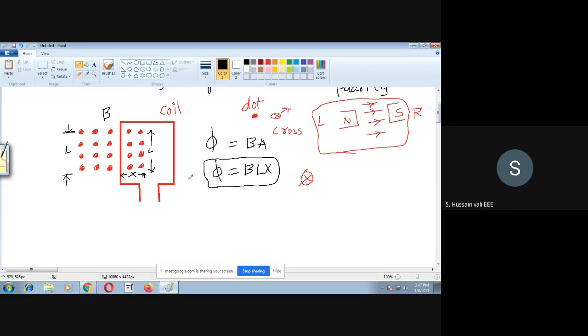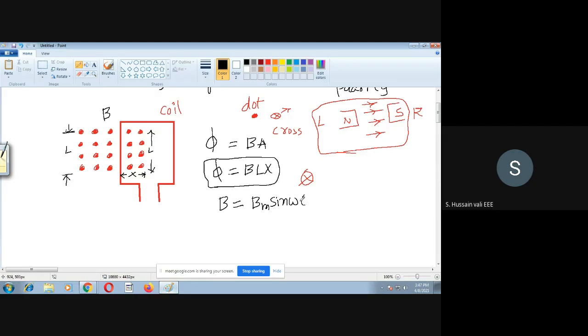Once we got this expression, assume that the flux density B is not a steady one, but a sinusoidally varying flux. It means assume that it is Bm sin omega t.